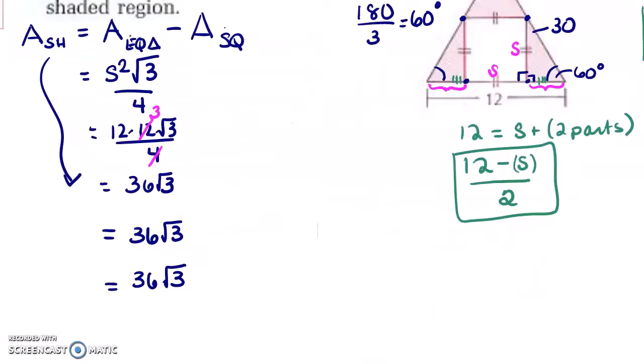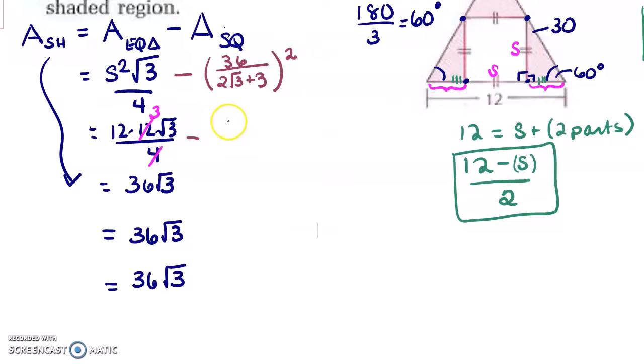Now that we know the length of the side, we can go ahead and substitute that in to our equation. And this is going to test your algebra skills a little bit.